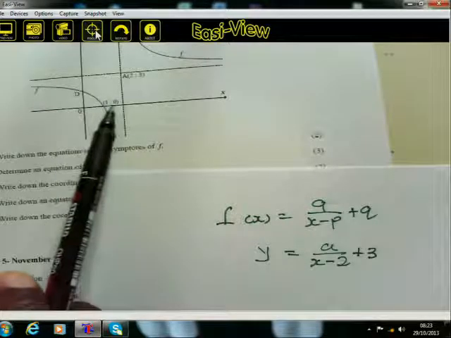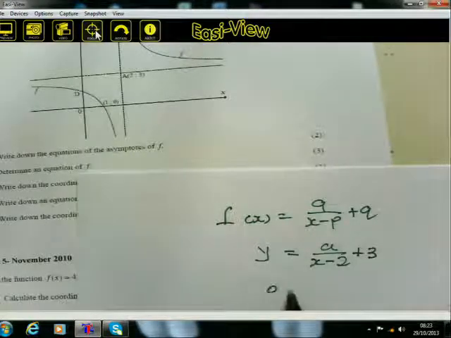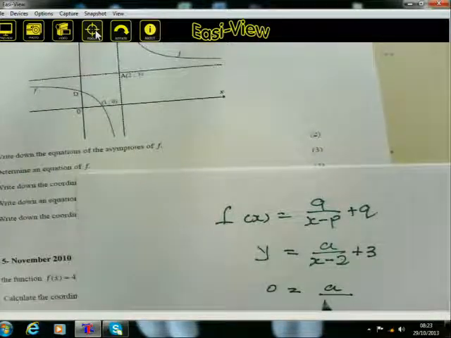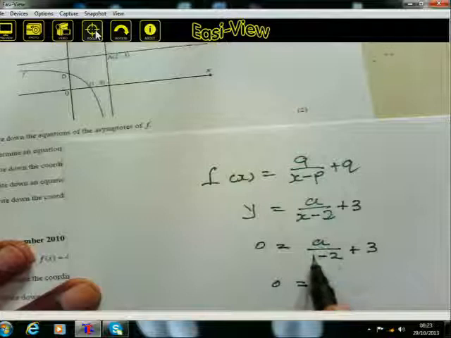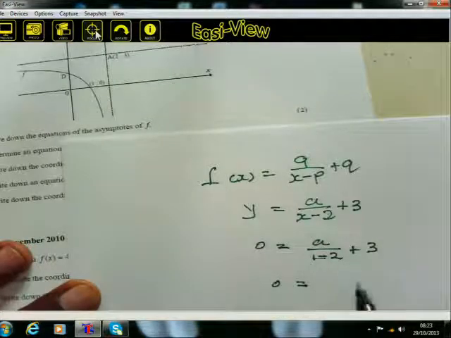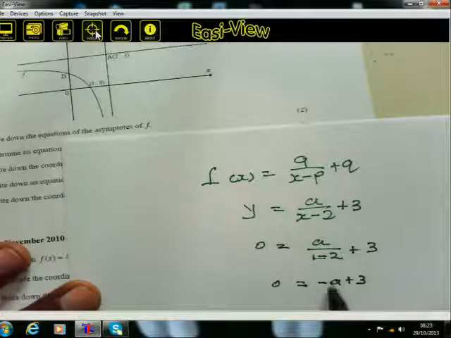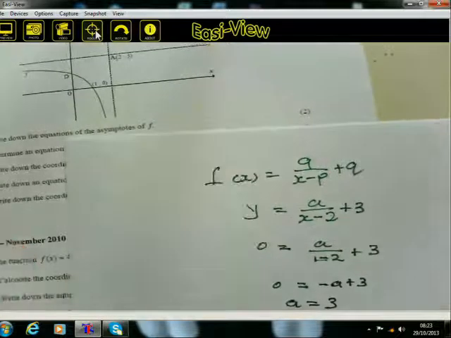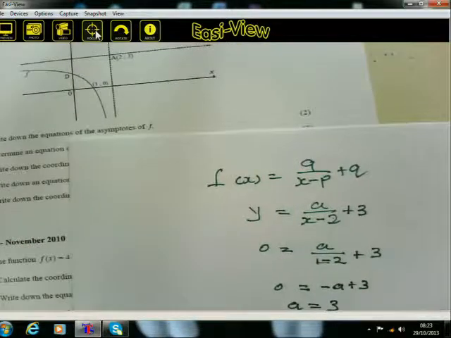The y value is 0, equals a over our x value, 1 minus 2, plus 3. So 1 minus 2 is negative 1. Then it gives us 0 equals negative a plus 3. Then we take a to that side, then a is equal to 3. That's how we get the value of a.